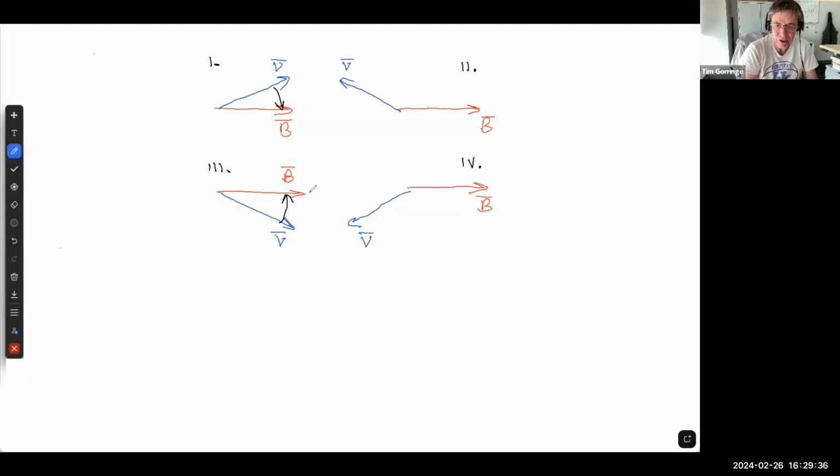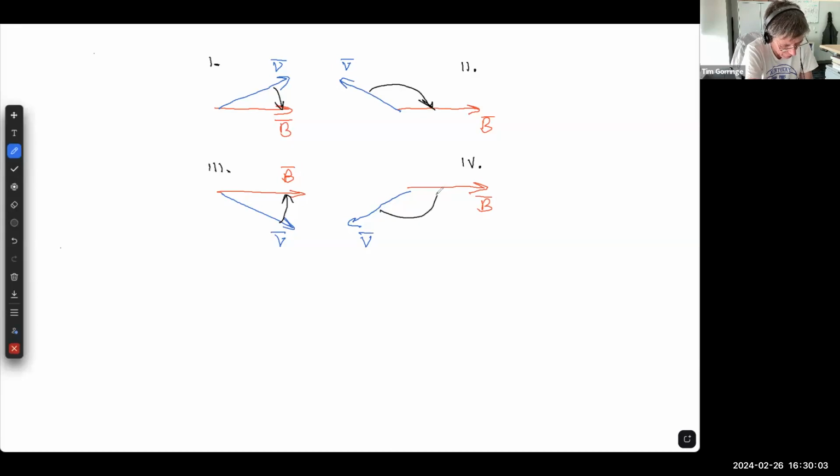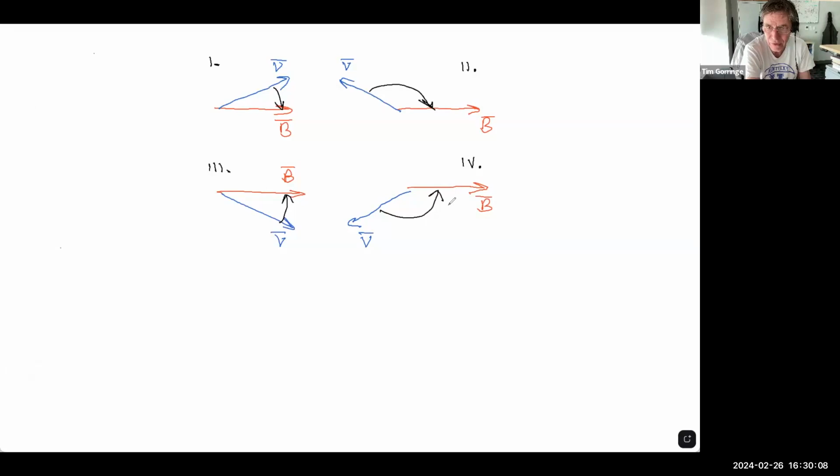So this is the direction in which I curl my fingers. Over here on the right-hand side, it might seem a little more complicated and a little bit more ambiguous. But again, I would point the palm of my hand in the direction of the velocity vector v, and I would curl my fingers towards the magnetic field. Downstairs here, I would point the palm of my hand in the direction of the velocity vector, and I would curl my fingers, as indicated by this arrow, in the direction of the magnetic field vector.